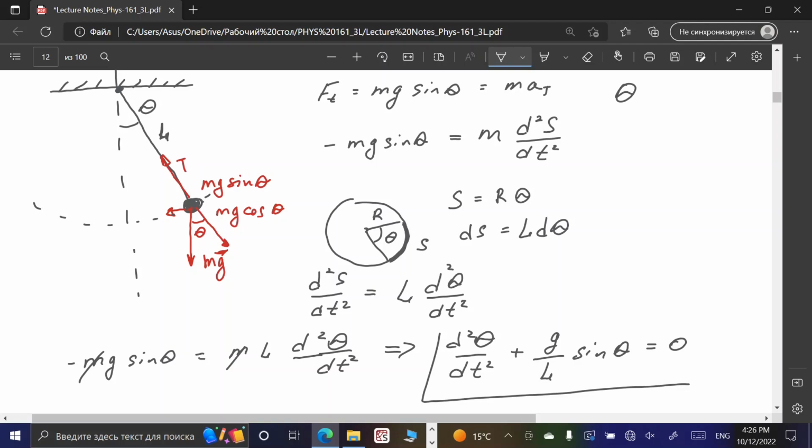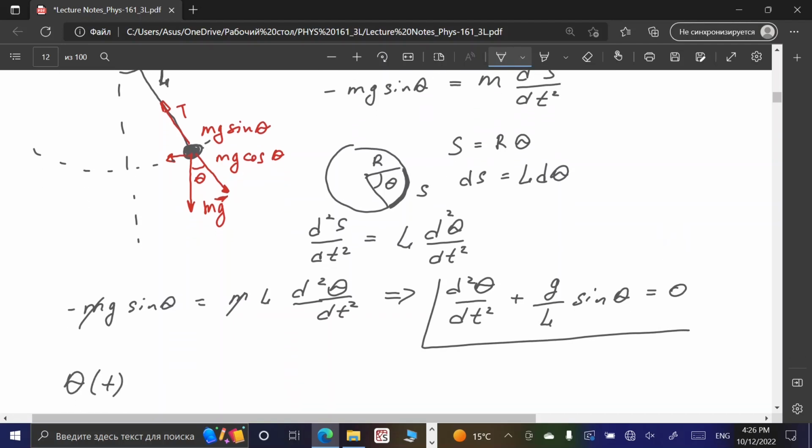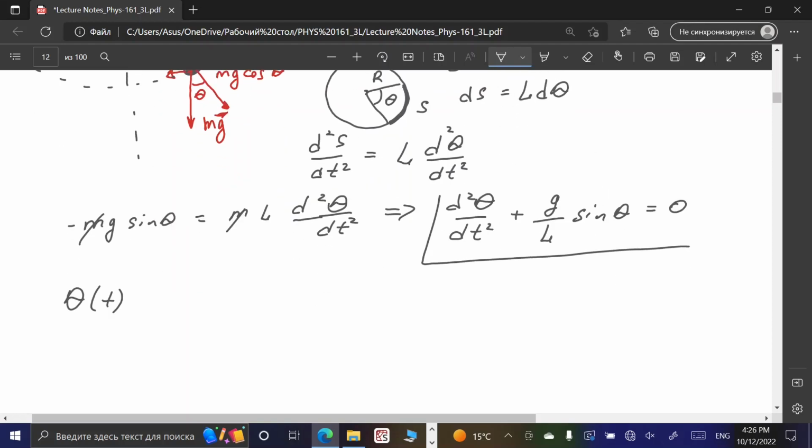If you take a look at this differential equation, it's a bit similar to what we had previously for our derivation of x displacement as a function of time for the spring block system. So we had something like this: d squared x over dt squared plus k over m times x, and that was equal to 0.